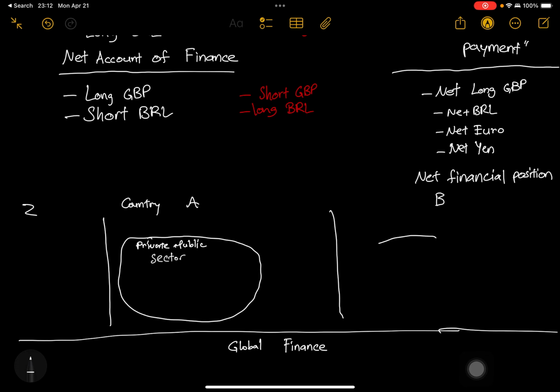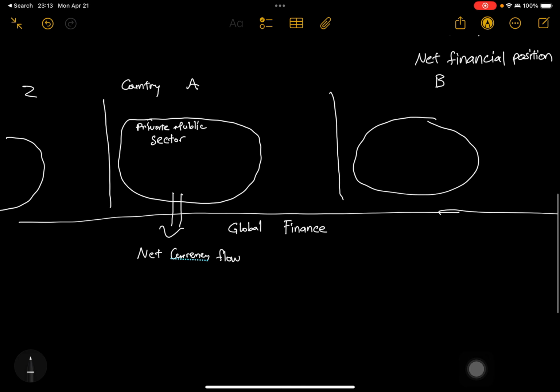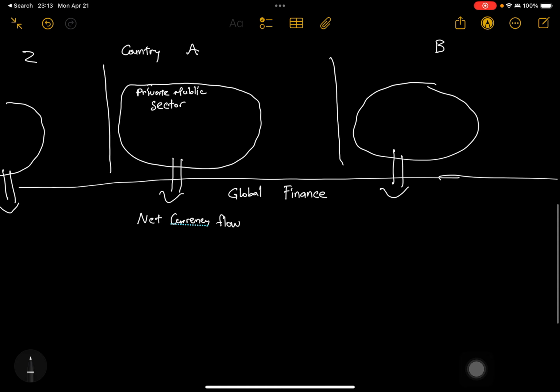And this is going to be a circle for country B. And this is going to be a circle for country Z. And this is going to have a net currency flow as a result of the balance of payments. And similarly, B is going to have a net currency flow, and Z is going to have a net currency flow, and so on and so forth.